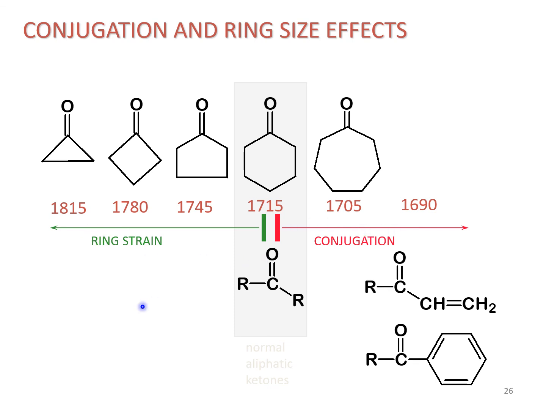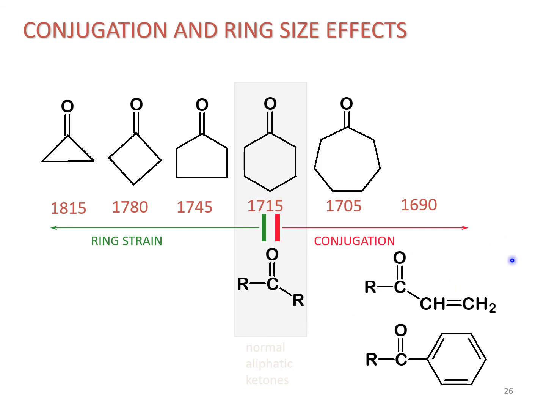The frequency changes from 3-membered to 7-membered ring with the keto group. At the same time, if we compare, here is the 6-membered ring with the keto group, and over here, not the ring structure. Here the conjugation is going to affect, at the same time, the strength of the keto group. We'll discuss that one on the next slide.